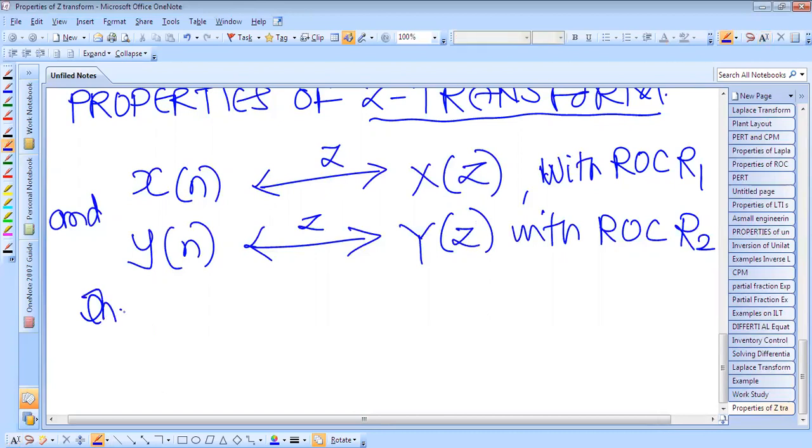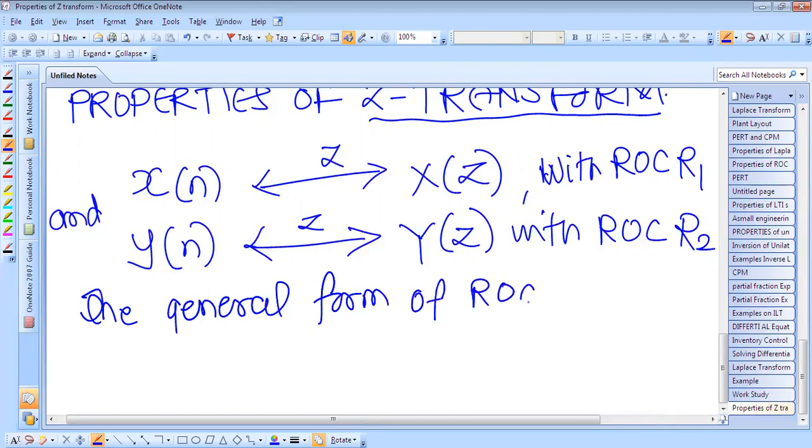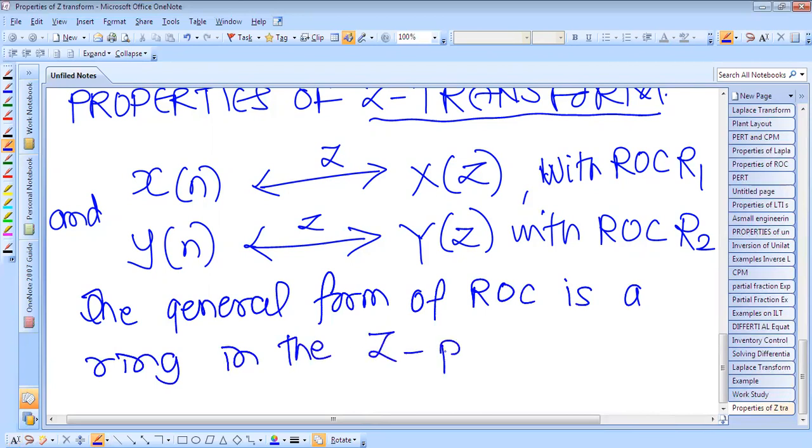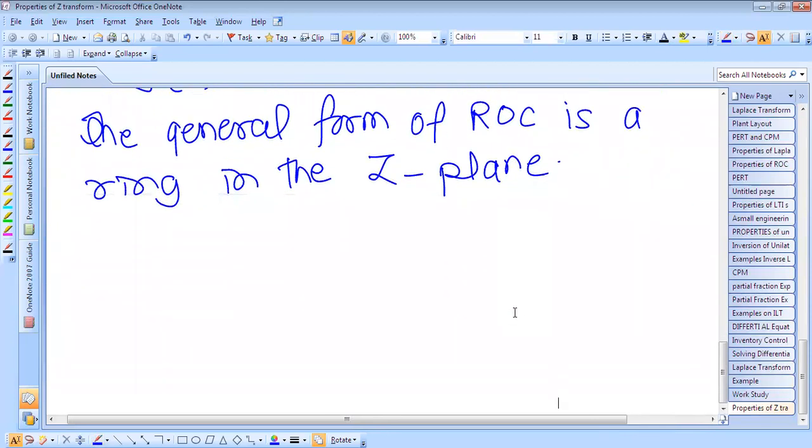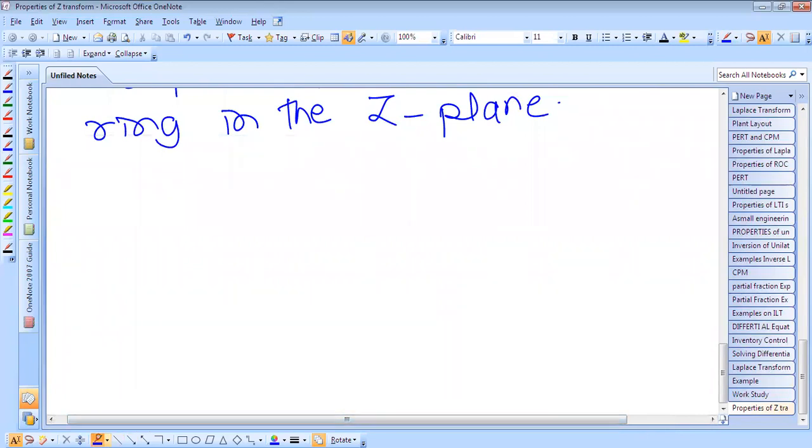We already discussed that the general form of the ROC is a ring in the Z plane, and therefore the effect of an operation on the ROC is described by the change in the radii of the ROC boundaries. So first we'll discuss the linearity property.